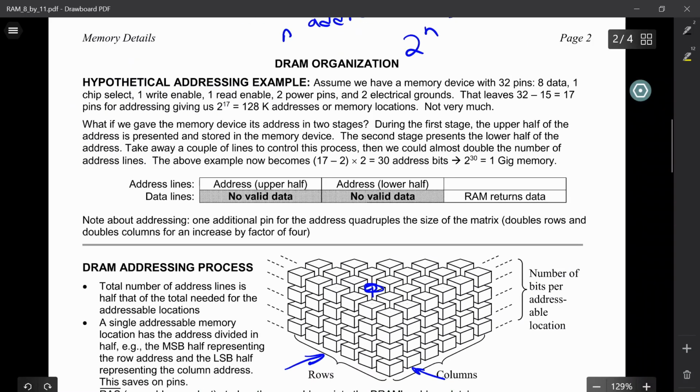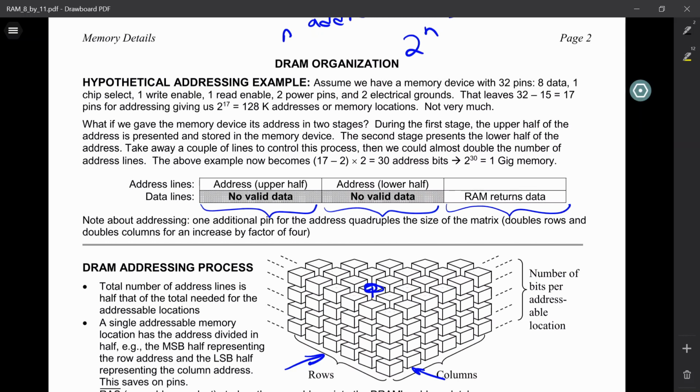The problem is that by doing this, we have now created this three-step process. Step 1, give the upper half of the address. Step 2, give the lower half of the address, and then retrieve the data. And by the way, this timing is set up with these signals. We have these two signals.